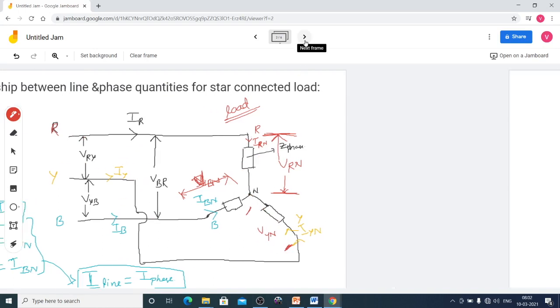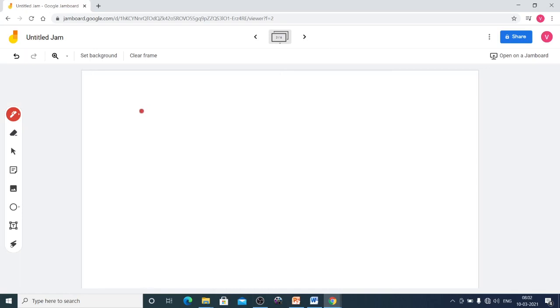I am redrawing it here. This is the R phase load, this is the neutral. Then I am considering the Y phase impedance, directly connected back to the supply. Okay, this is the R phase, this is the Y phase.